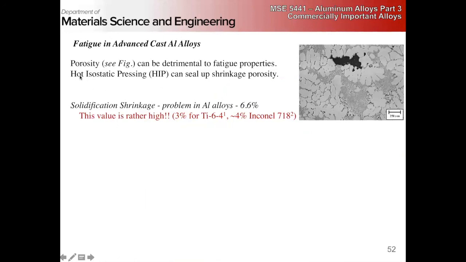Real high-end components can undergo hot isostatic pressing to seal up this shrinkage. The solidification shrinkage in aluminum is about 6.5%. So this is pretty high. In titanium, it's only 3%, 4% in nickel superalloys like Inconel 718.